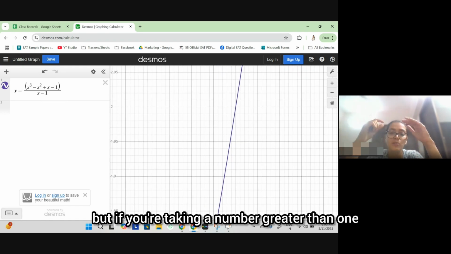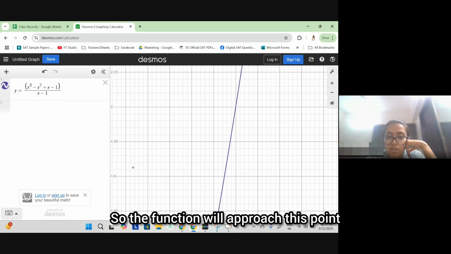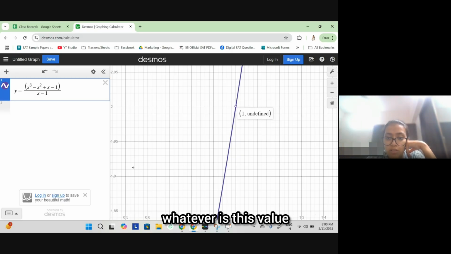But exactly at 1 there is a hole. If you're taking a number greater than 1, or a number less than 1, the function will approach this point, whatever this value is, and this is 2. See, from the right side, it is 2.0000, 2.0032, very close to 2.